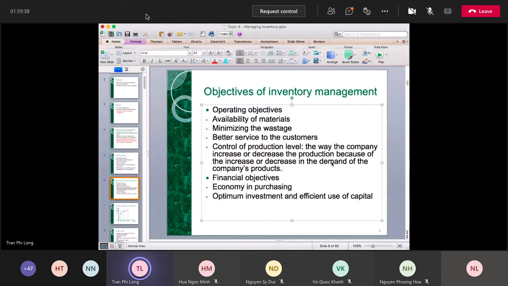So in the peak season, maybe the company will store more inventory, and in the off-peak season, maybe the company will decrease the inventory level. So that's what I mean about controlling the production level.